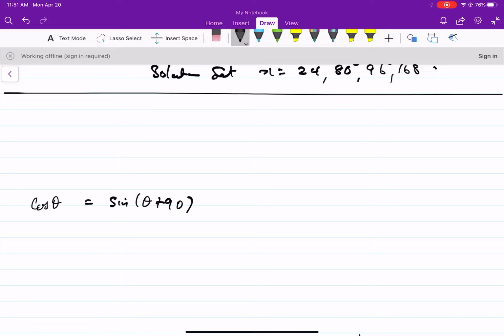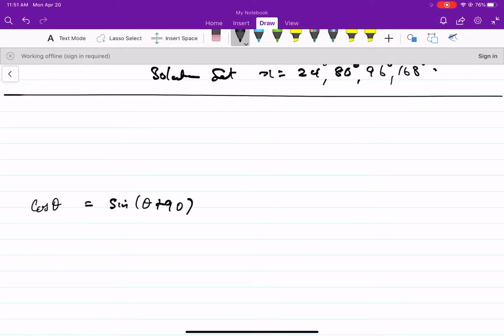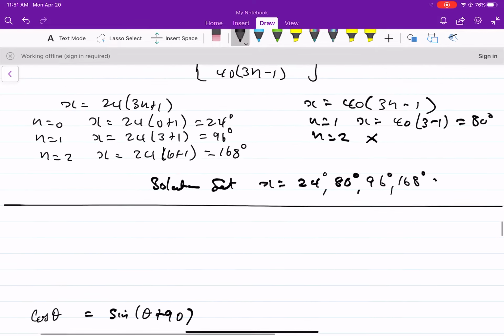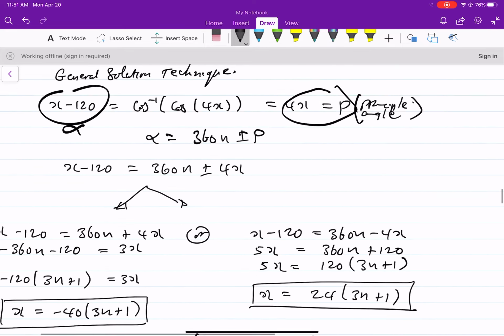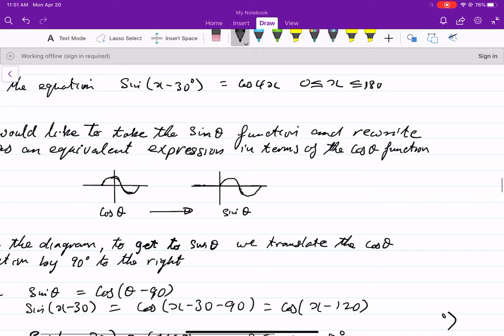All right, let me show you what I mean. Let's go back up here. To get the cos theta function, I have to start with the sine theta function and slide it 90 degrees to the left.